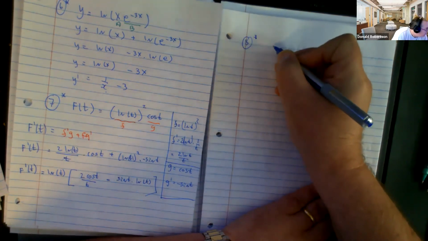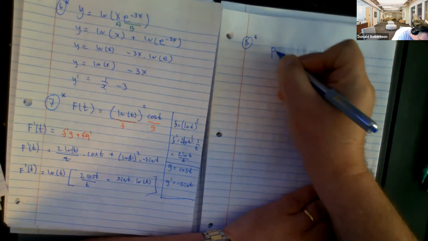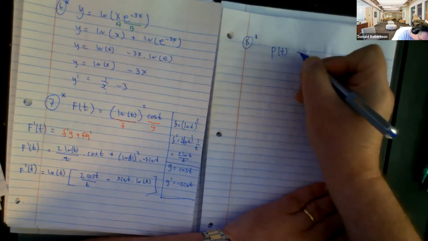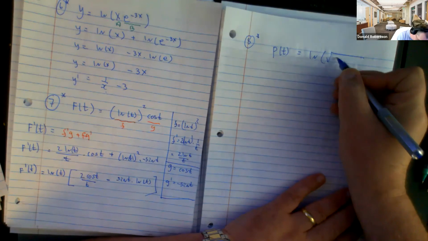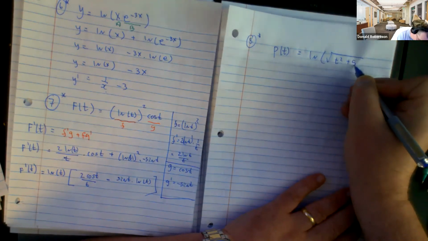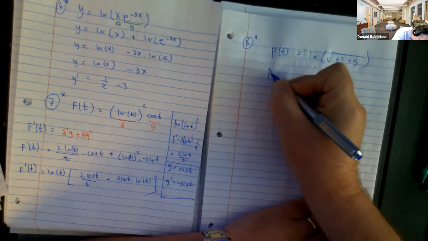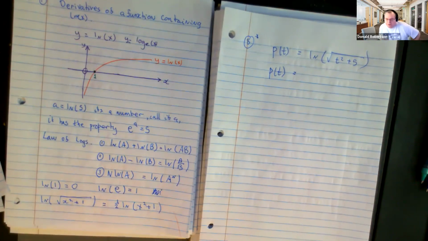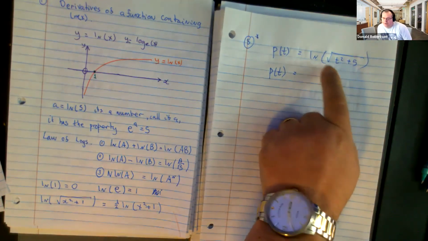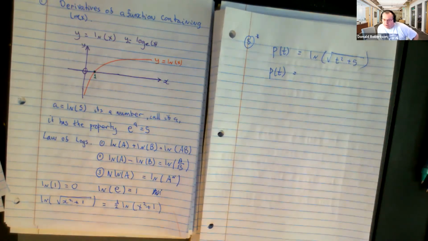Just going to start 8, but not finish it. It's another one of those, just because you can doesn't mean you should. So you shouldn't be doing this as a chain rule inside the chain rule.